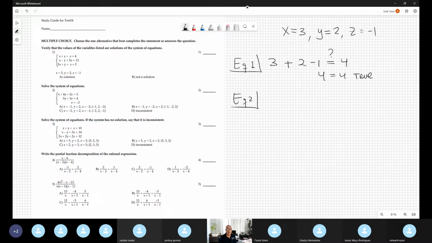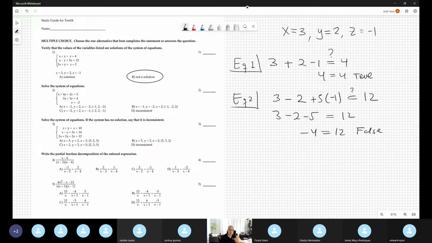Equation 2 is x, which is 3 again, minus y, which is 2, plus 5z, 5 times -1, should be equal 12. It's 3 minus 2 minus 5 should be 12. This is obviously not true, because 3 minus 2 is 1, and 1 minus 5 is -4, and -4 is not 12. It's completely false. Now the answer is no solution. So this solution given in the problem, I verify that it doesn't work. Do you understand?